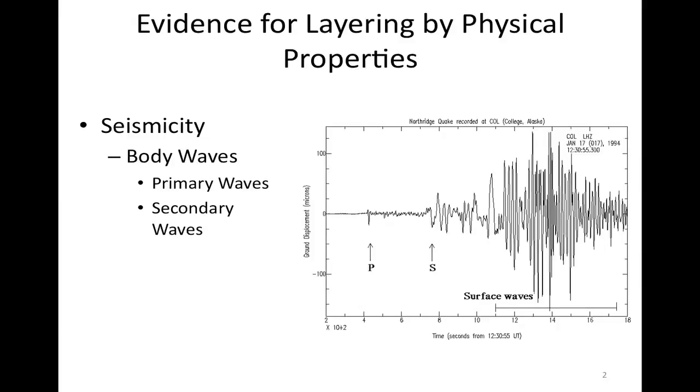Now don't get confused and think the P wave is a different earthquake than the S wave. It's not. These waves were all generated at the same time. The P wave, the S wave, and the surface waves were all generated at the same time. They left the same location identically. They just travel at different speeds. So the P wave arrives first, obviously, then the S wave, and then the surface waves.